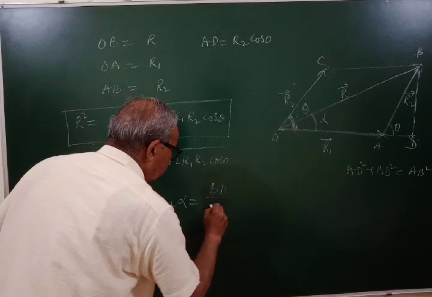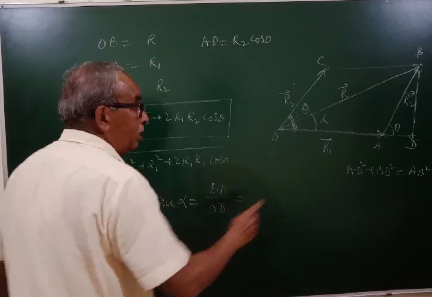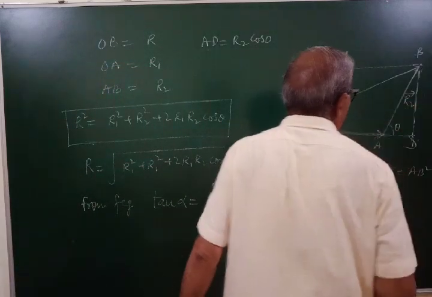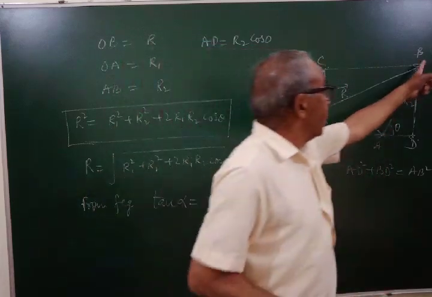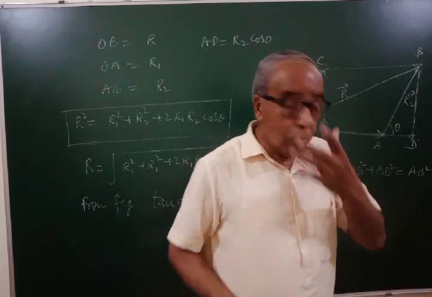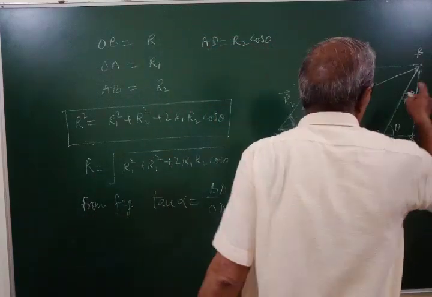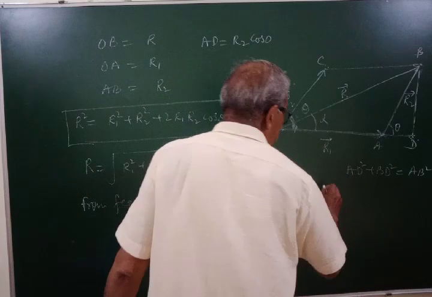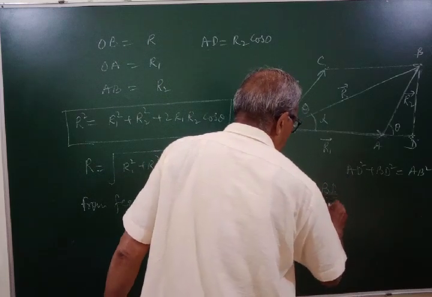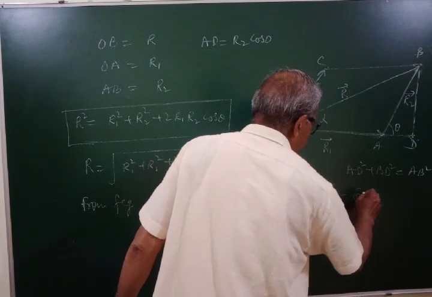Here BD upon AB is sin theta, a right angle again, trigonometry. You will find use of trigonometry everywhere.